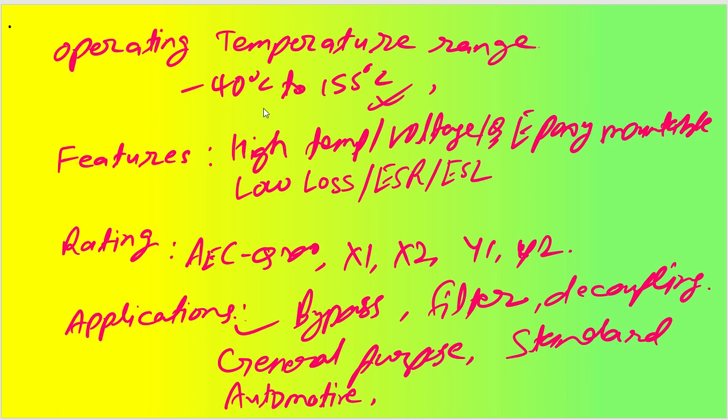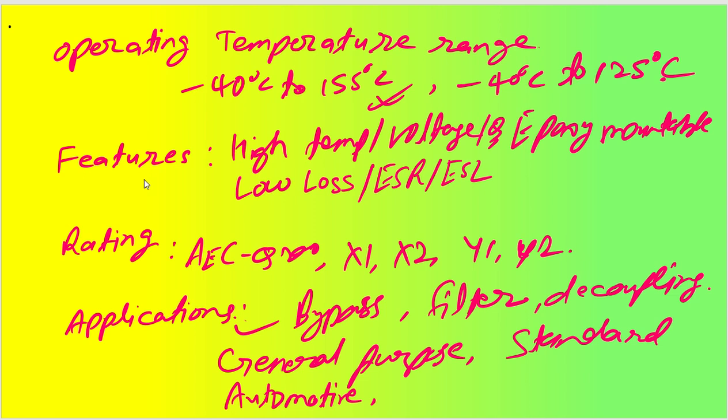It can be minus 40 degrees centigrade to 155 degrees centigrade, or other temperature ranges as well, such as minus 40 to 125 degrees centigrade, or 100 degrees, or even 85 degrees centigrade. But the well recommended one is minus 40 to 125 degrees centigrade, or 140 degrees centigrade is better. We have talked about the operating temperature range. Generally these are the temperature ranges that will be there.